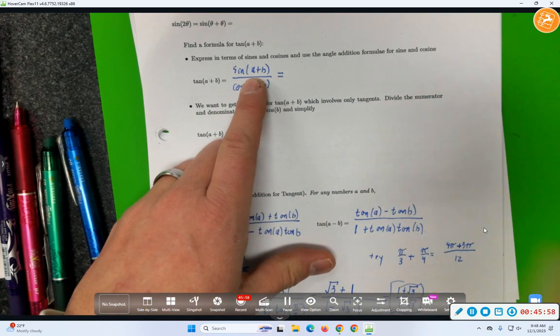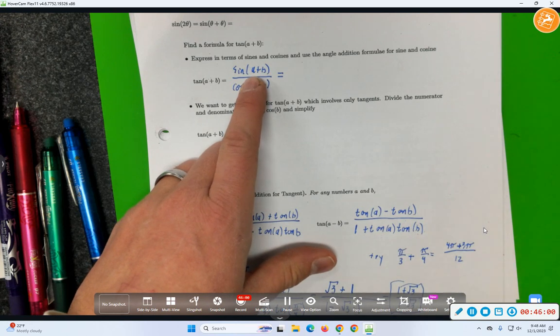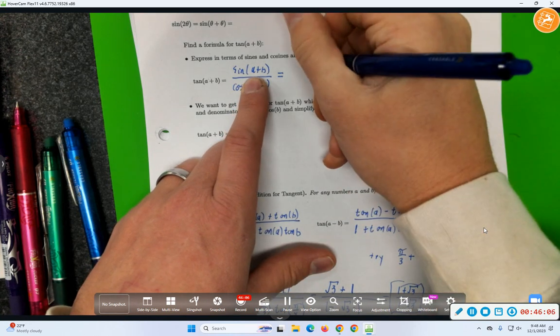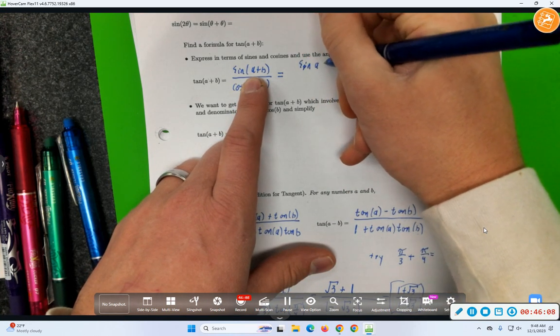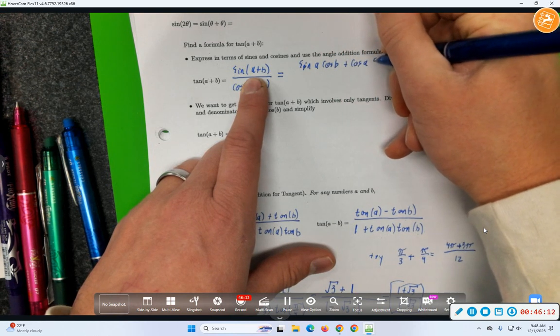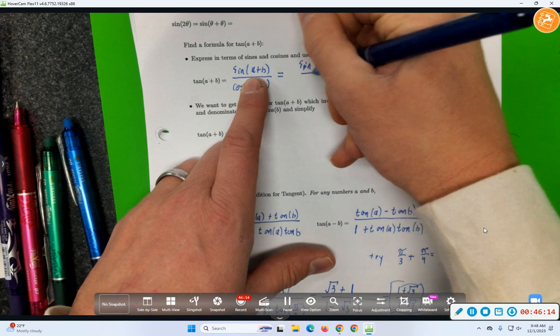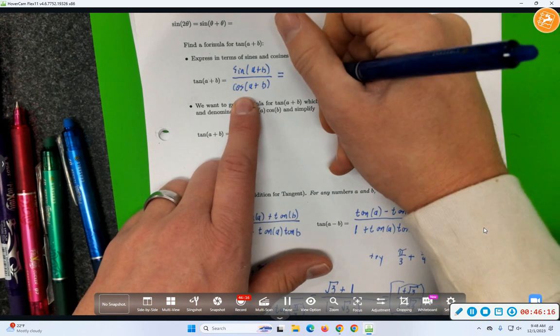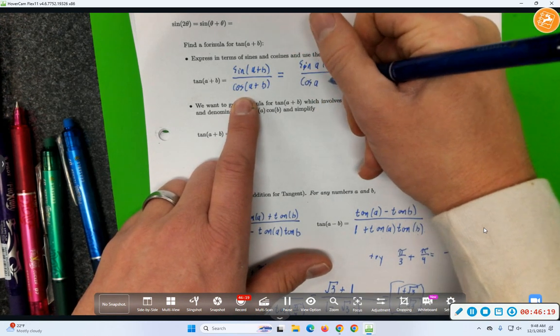Sine of a plus b is sine a cosine b plus the same thing but with the sine and cosine switched. Sine a cosine b plus cosine a sine b. Then in the denominator, cosine cosine minus sine sine.